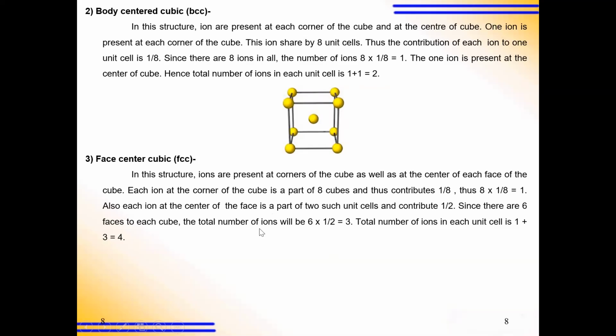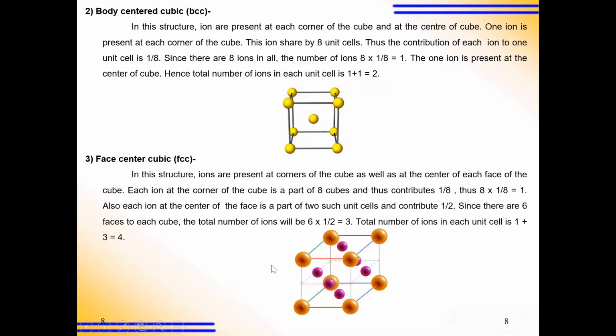तिसरा जो टाइप आहे तो आहे face centered cubic. Face centered cubic is also called, in short form, FCC. So in this structure, ions are present at the 8 corners, this one, this one, this one, this one, and each face has one whole ion present at the face.